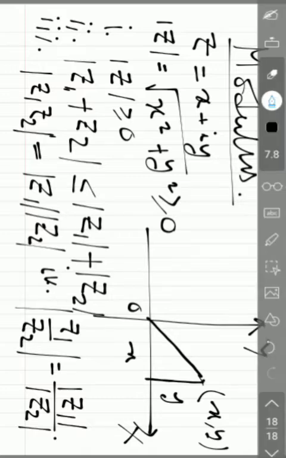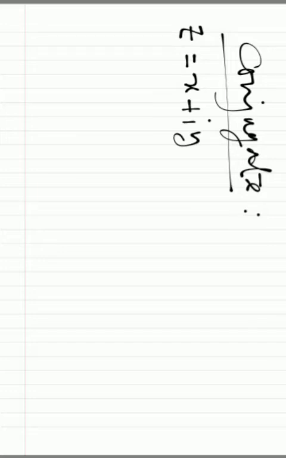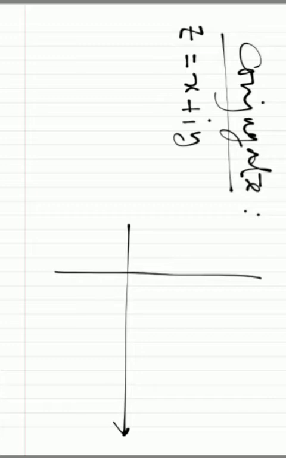Okay. The next thing is the conjugate of a complex number. If z is taken to be any complex number in the form x plus iy, then in the same way as previous we can plot this number on the xy plane.